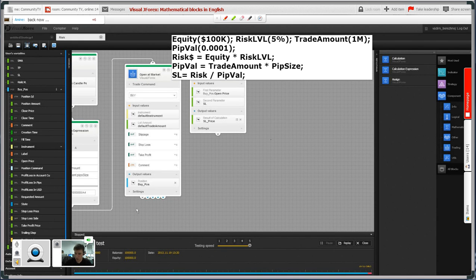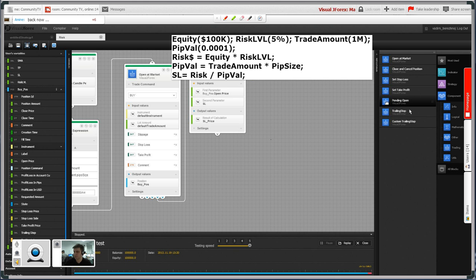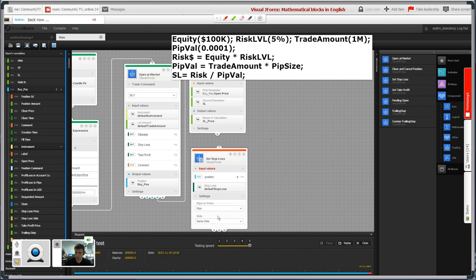We can check this variable only after it's open. So it would be submit OK, fill OK, global. And only then we are setting stop loss. It would be not in pips, but at a certain price.